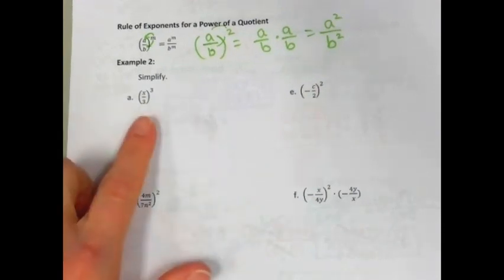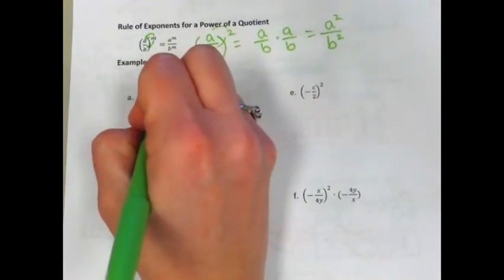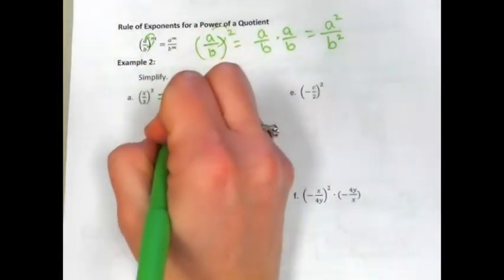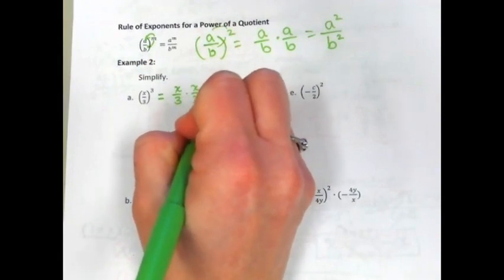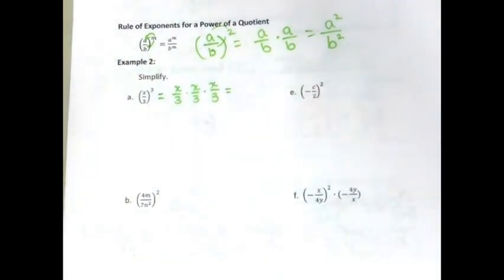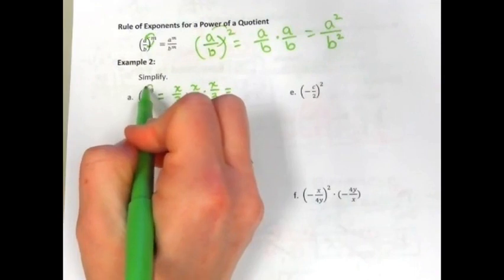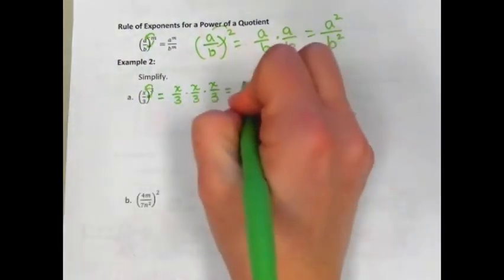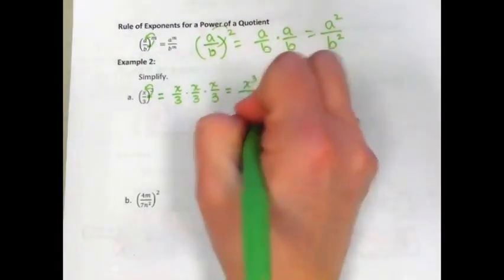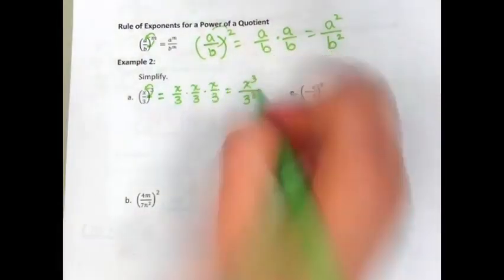So as I look at x over 3 cubed, we could do it again two ways. That could be x over 3 times x over 3 times x over 3. Or we can just raise everything to the third power, so it could be x to the third power over 3 to the third power.